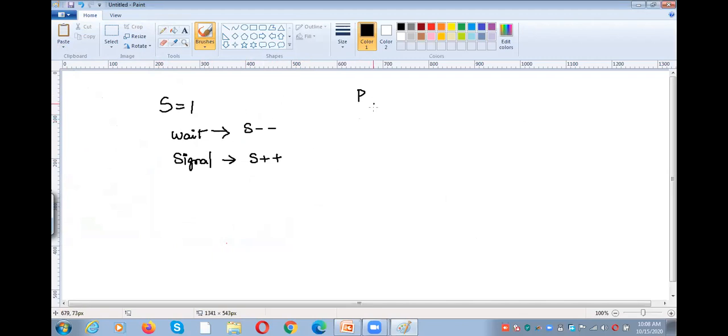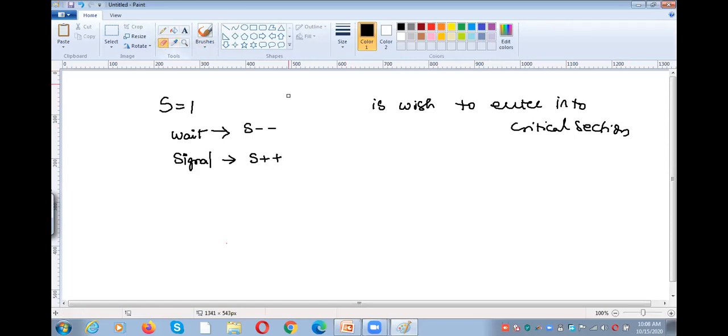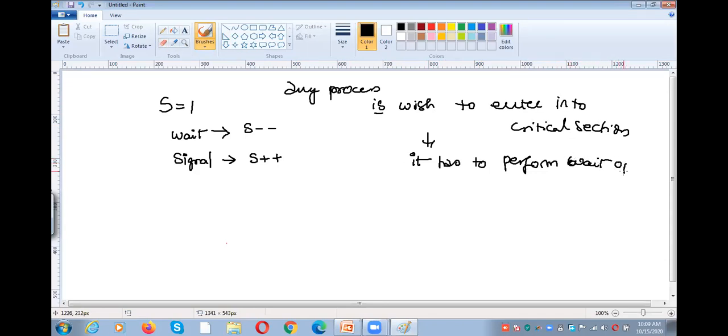Whenever process P1 wishes to enter into the critical section, not only process P1, any process that wishes to enter into the critical section has to perform the wait operation.